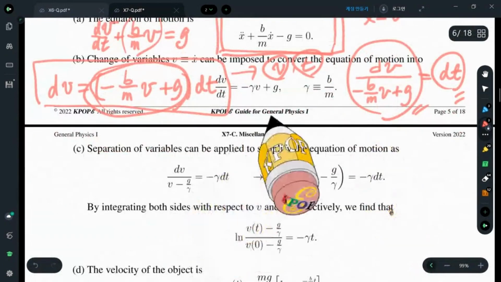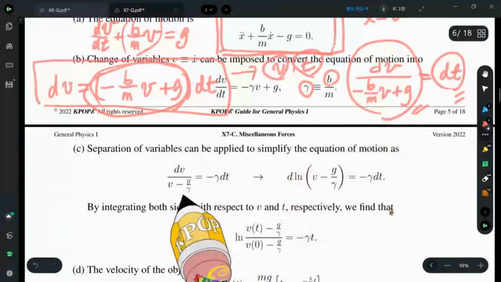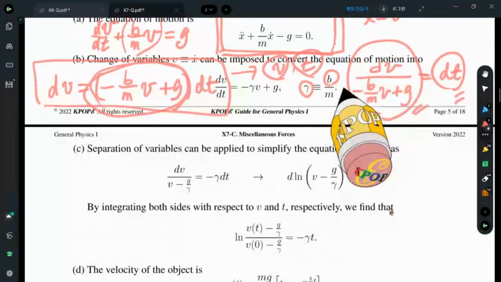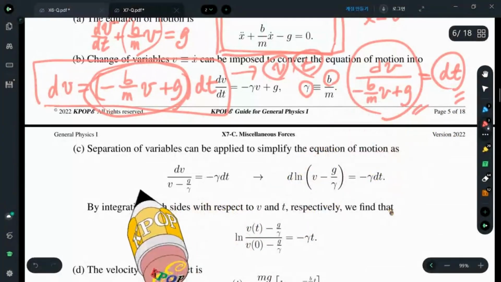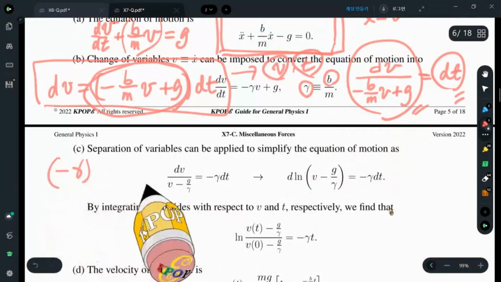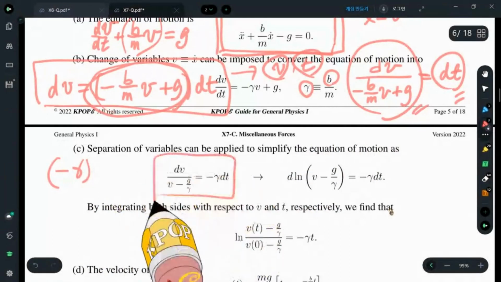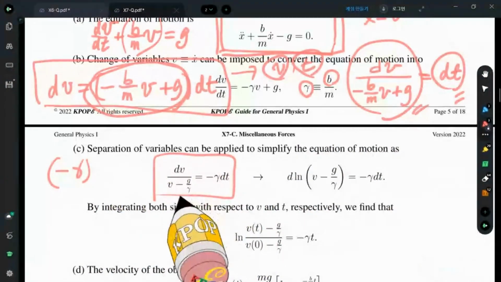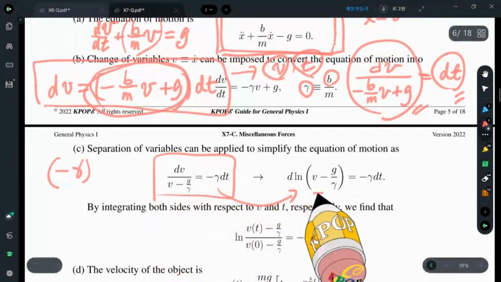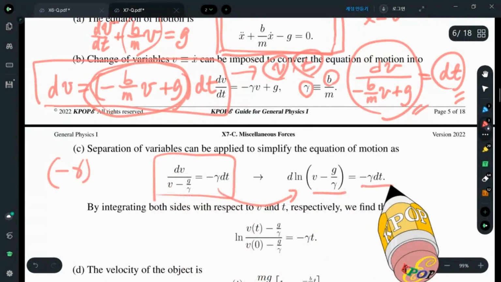So in here, this gamma is introduced, that is b over m. By making use of this, why don't we multiply minus gamma to numerator and denominator, then we find the simplest form. So this is a log. This is the total differential of log, right? And the right hand side is just this one.